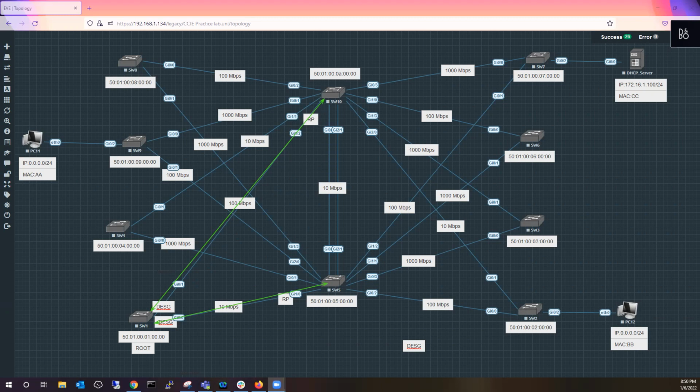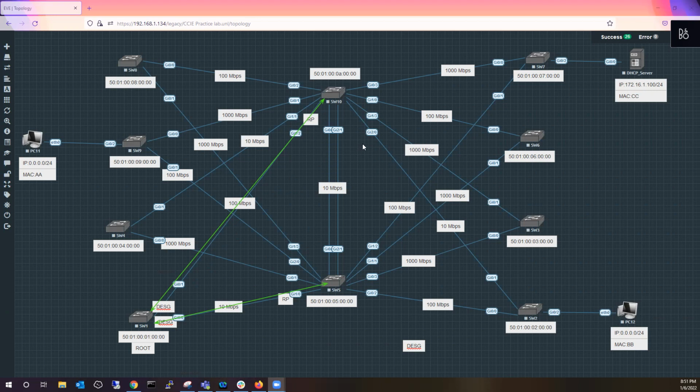I guess again the one that will block. It should be switch 10. Yep. We blocking on switch 10.